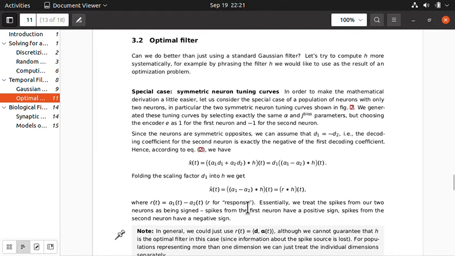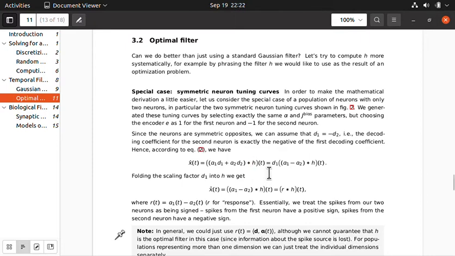In this 2-neuron case, I've got the activities of 2 neurons. There's some decoder for those 2 neurons. I'm convolving them with h, being the filter that we want to apply, the thing we don't know, the thing we're going to solve for, the thing that I assumed was Gaussian in the earlier stuff.